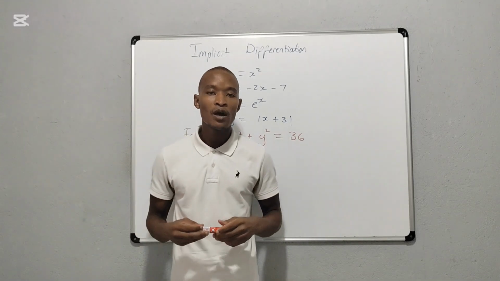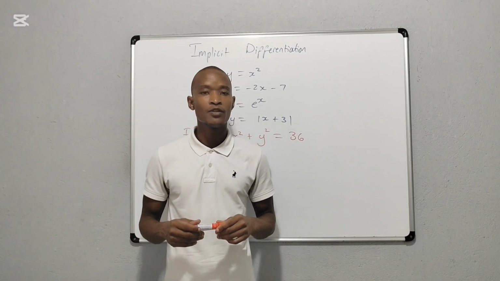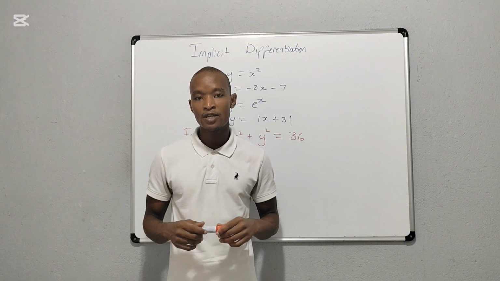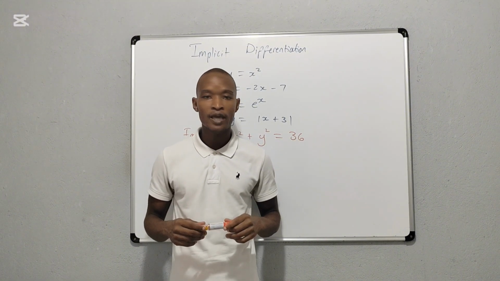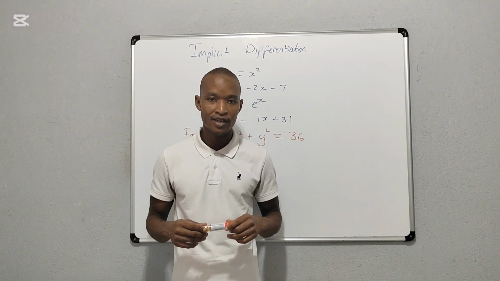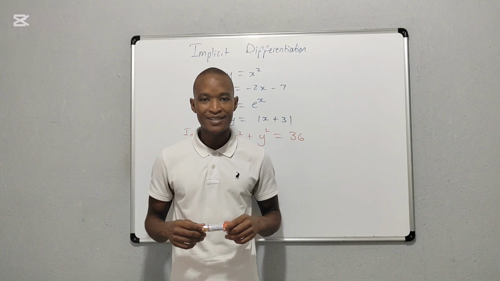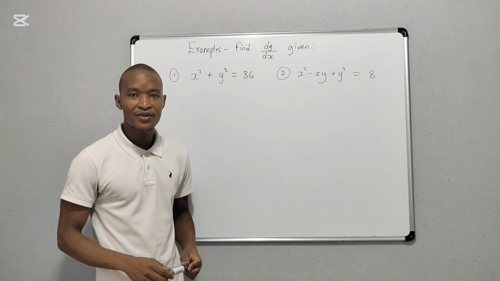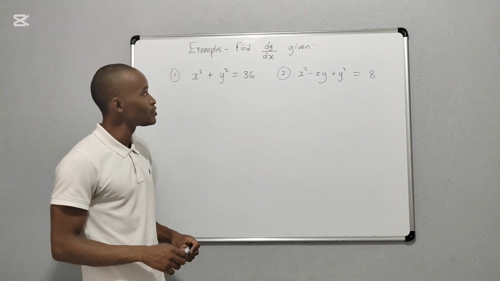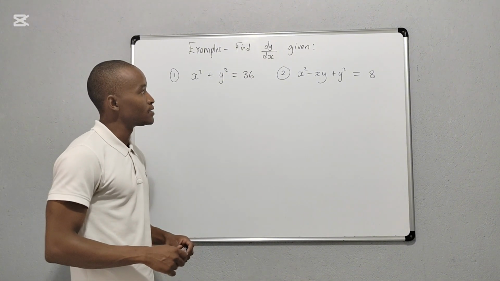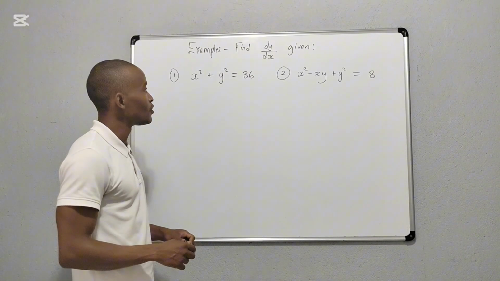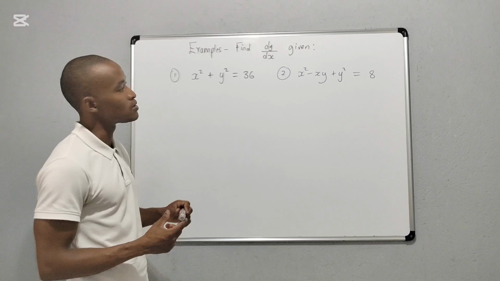Okay, so now I'm going to offer 3 examples that pertain to implicit differentiation, and one will contain a problem on a tangent. Okay, so let's go for it. Right, so here are the first 2 examples, and we are asked to find dy over dx for these 2 equations.